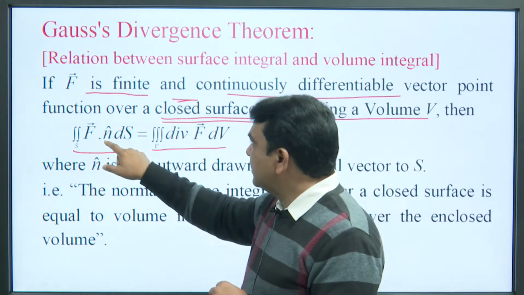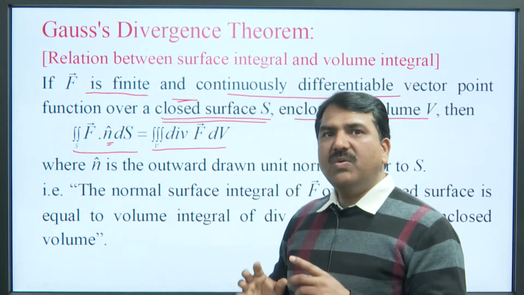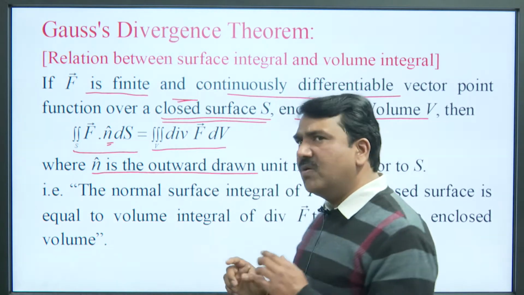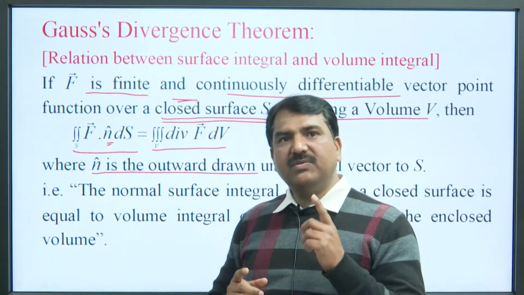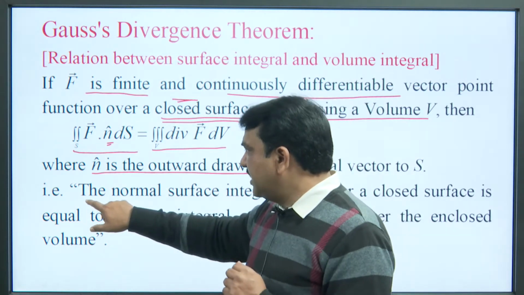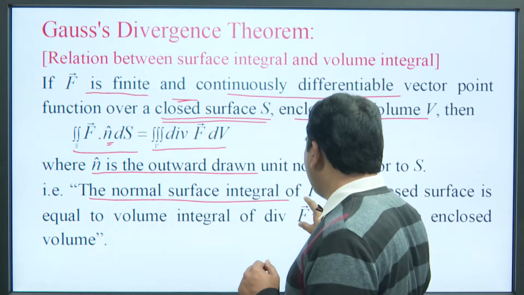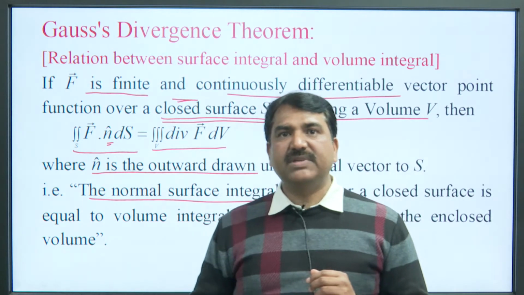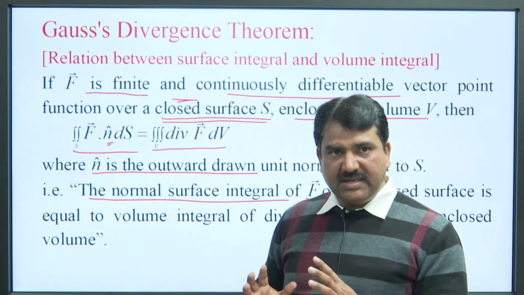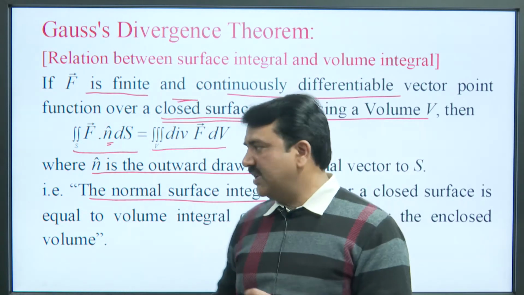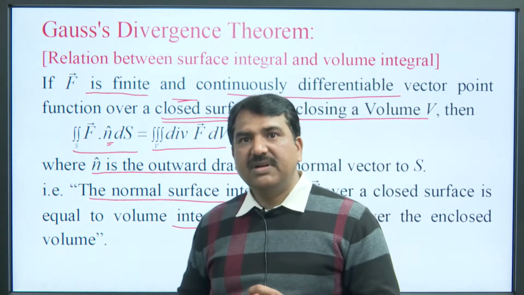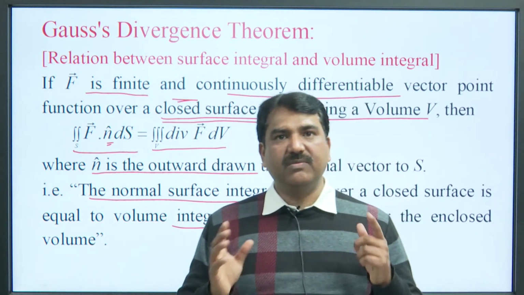Here n is the outward drawn unit normal to the surface S. N is always the outward drawn unit normal vector to the surface S. So, we see that here in divergence theorem, the normal surface integral of the vector function f over a closed surface S is equal to the volume integral of divergence f taken over the enclosed volume V.